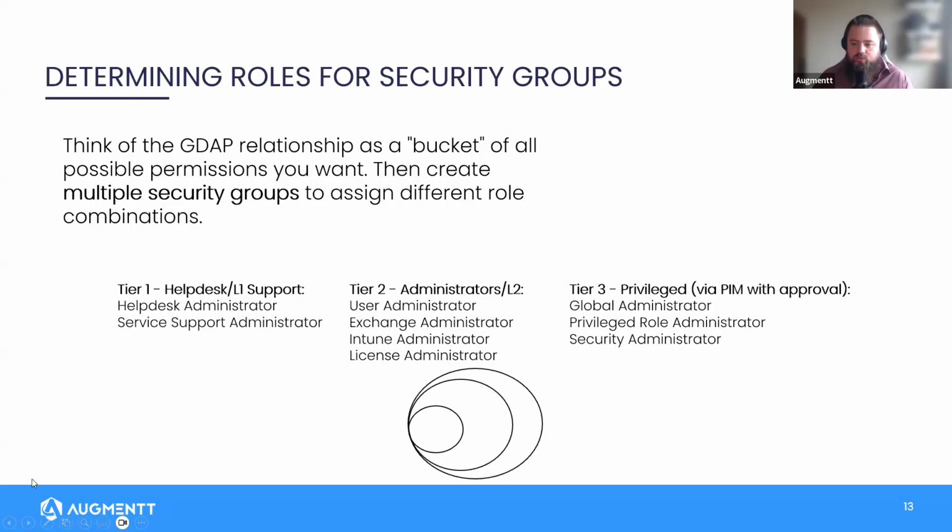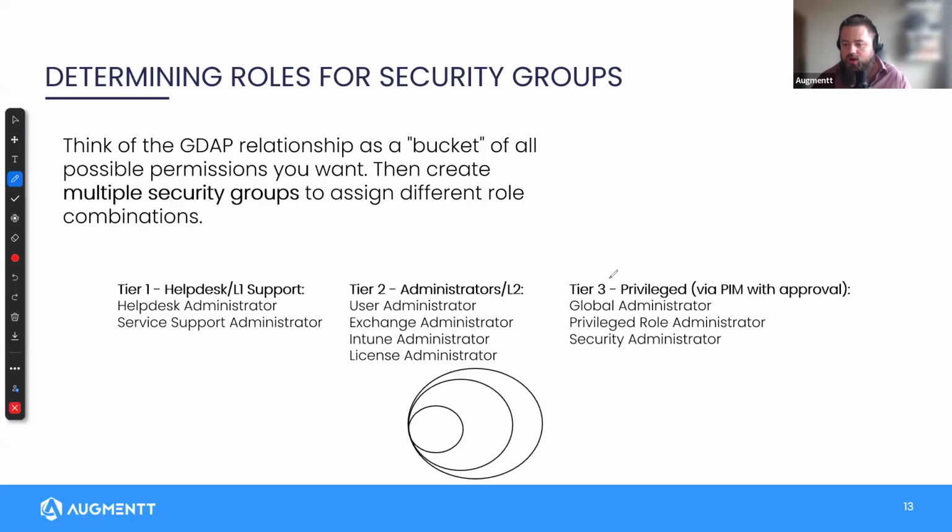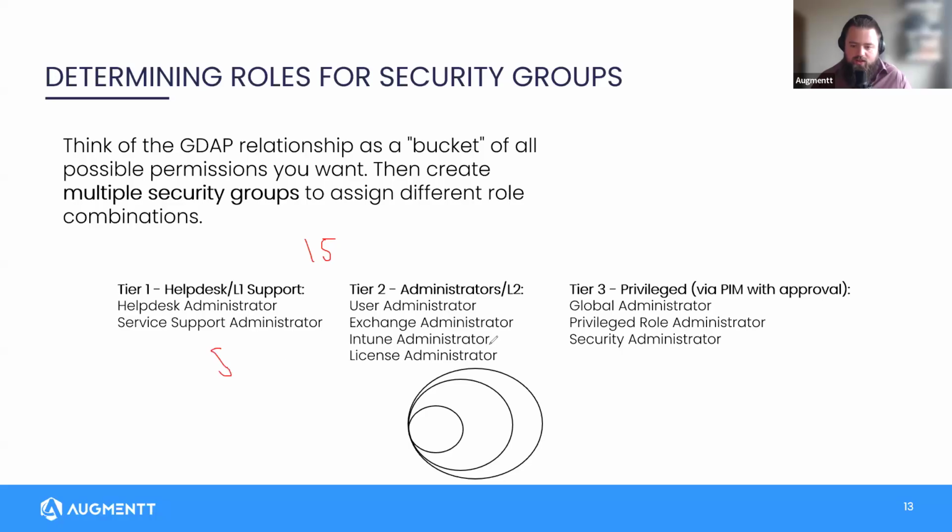But again, with the security groups, if I can draw on the screen here, they are additive. If there are 15 total roles here, and I go 5 and 5 and 5 just to keep my numbers easy, I don't need to create a second security group of 10, which has these 5 and these 5, and this one here's 15.